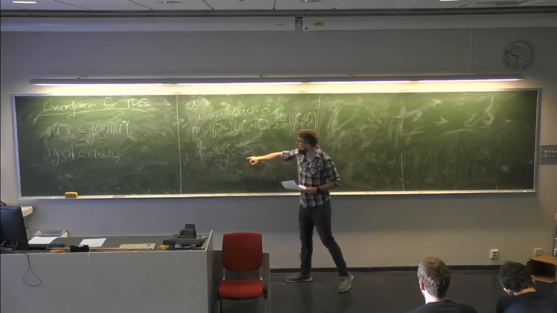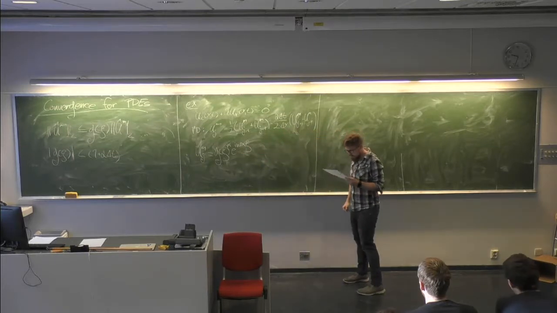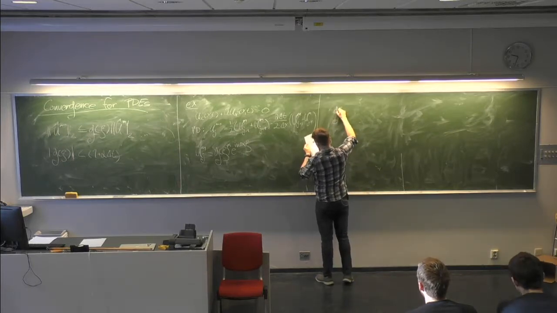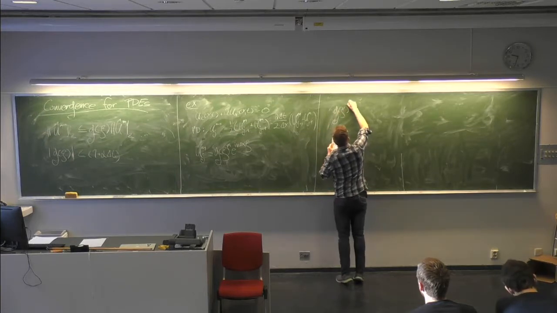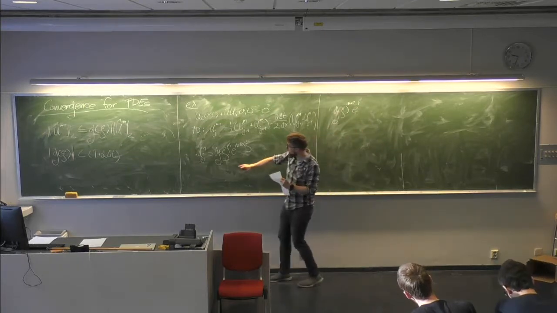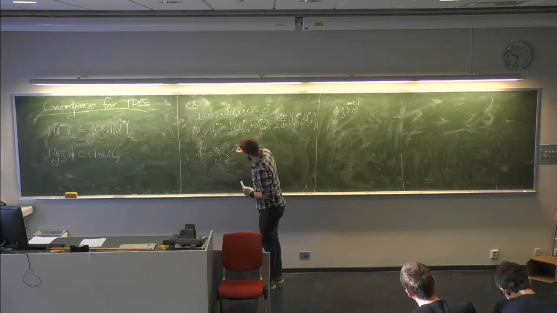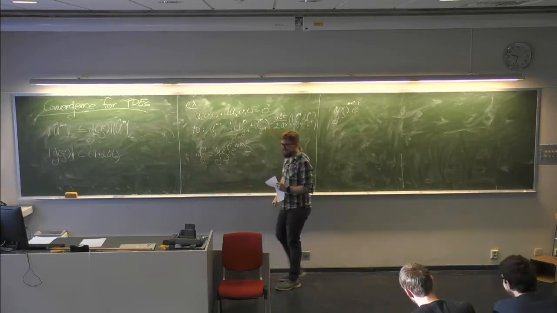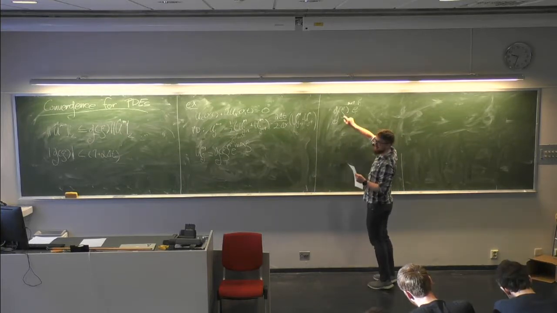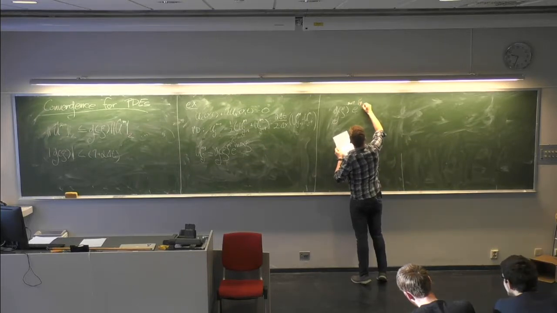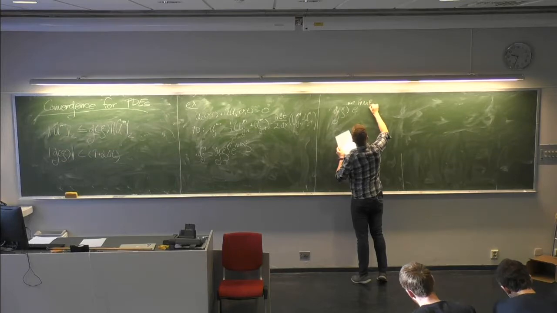If we try to insert this into our method, we should get, let's see, g to the power of m plus 1 times e to the i xi.